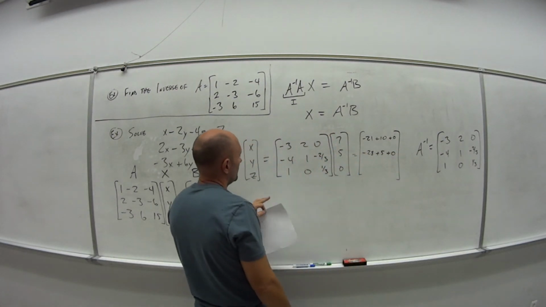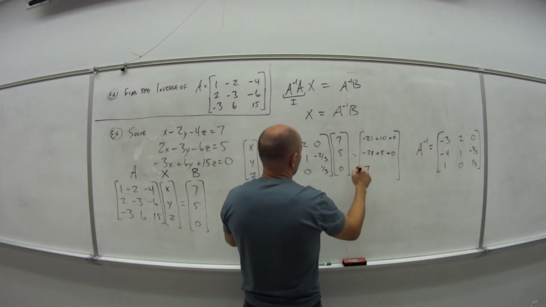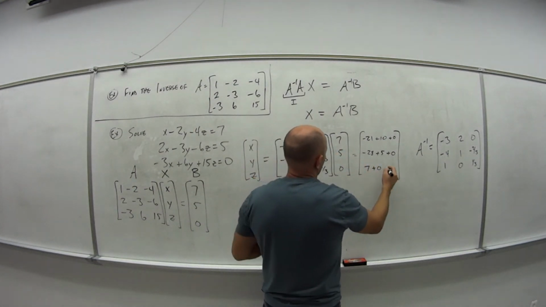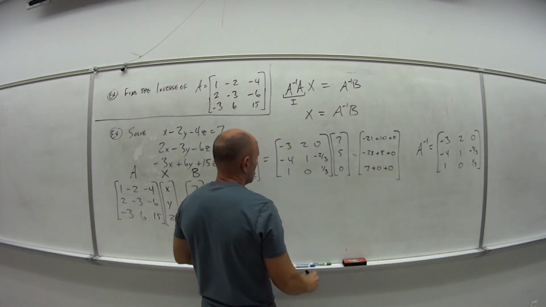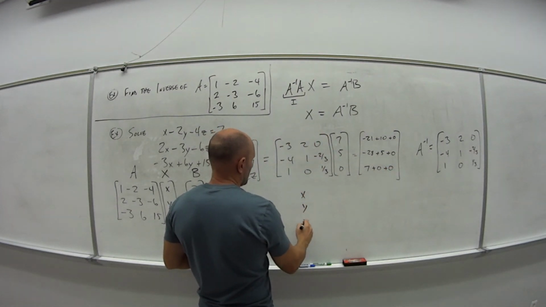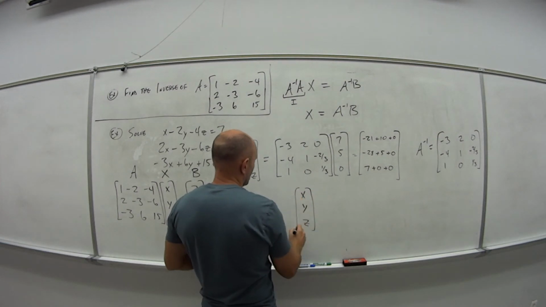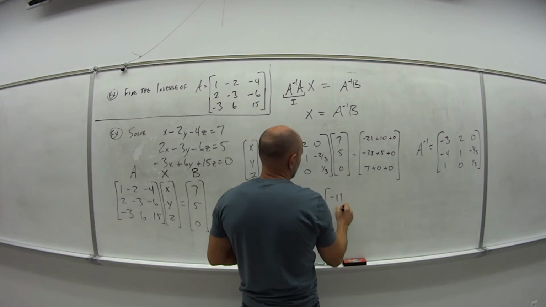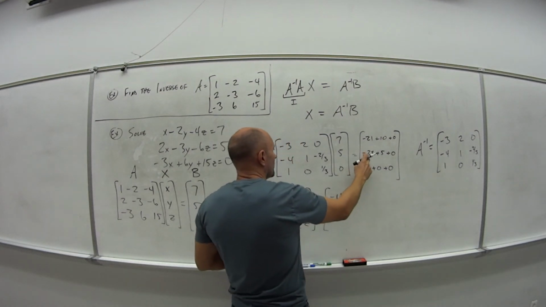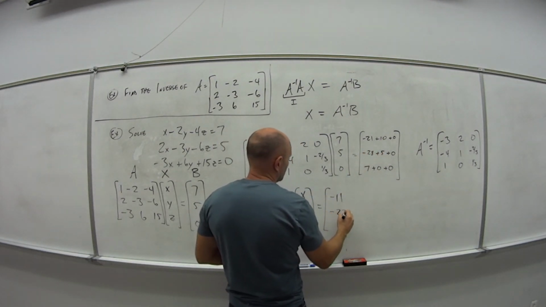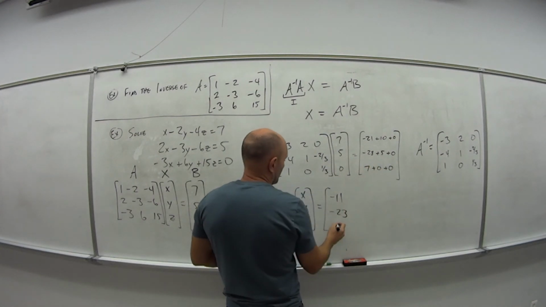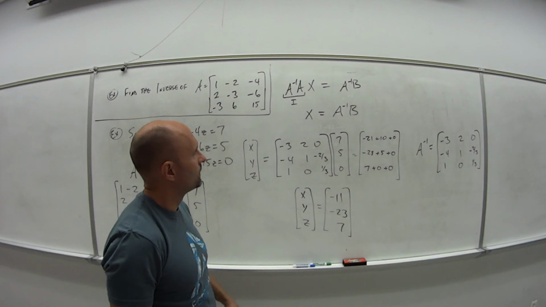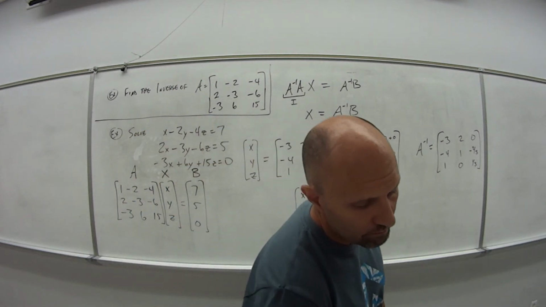And then last, 1 times 7 is 7. 0 times 5 is 0. 1/3 times 0 is 0. So my x, my y, and my z are equal to negative 21 plus 10, which is negative 11; negative 28 plus 5, negative 23; and 7 plus zeros is 7. So that is my solution to that system.